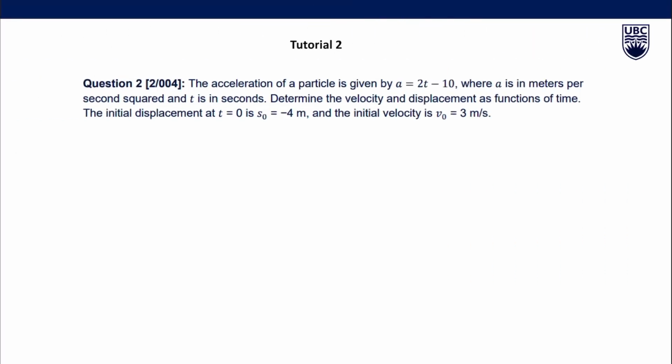Let's tackle question 2 and see how integrals reveal the story of motion. This time we are given the acceleration of a particle as a equals 2t minus 10. And we want to find out its velocity and displacement over time. So this is our equation here.